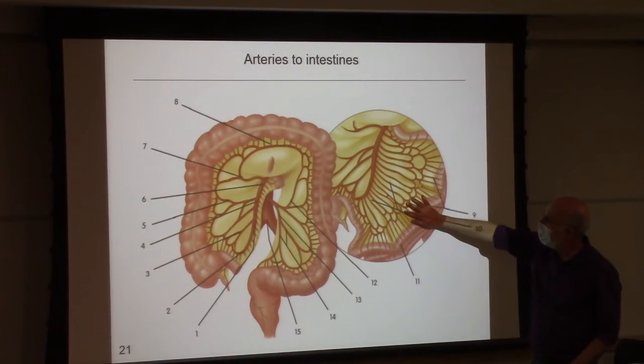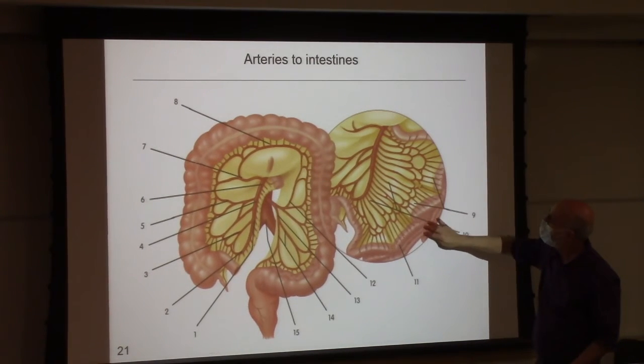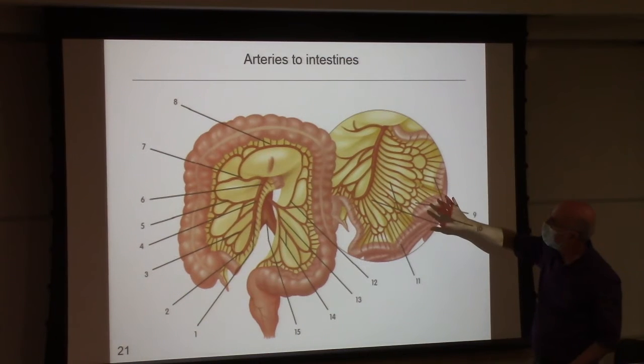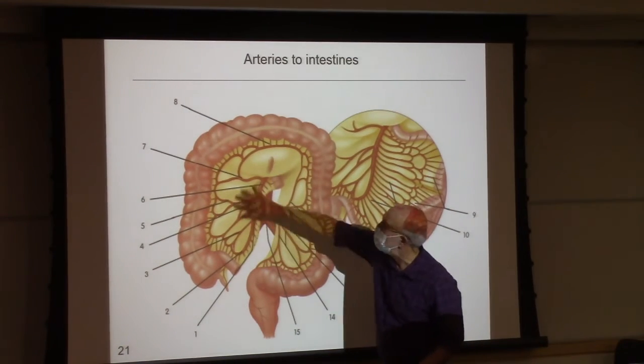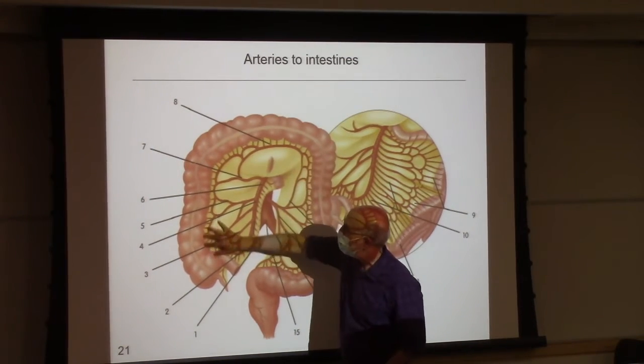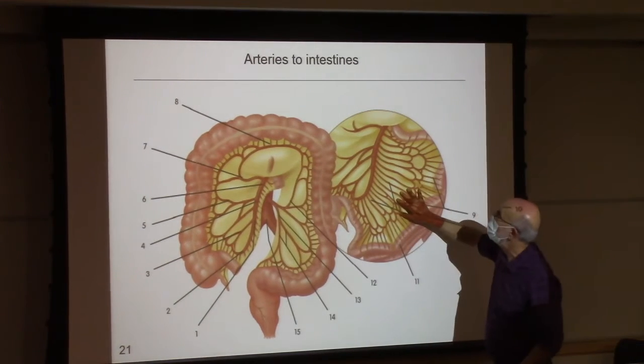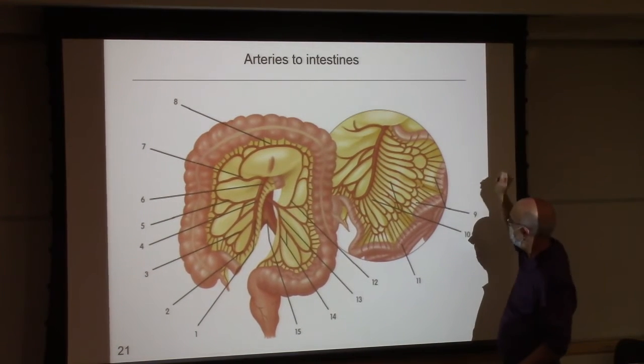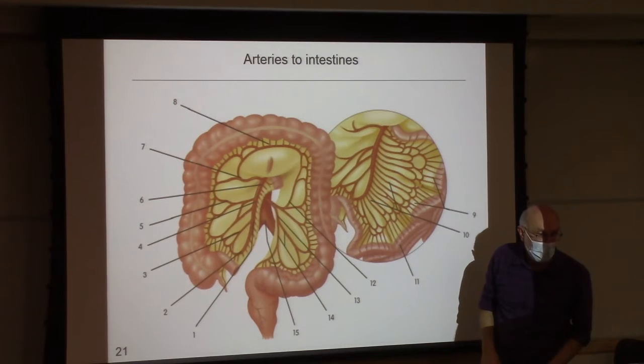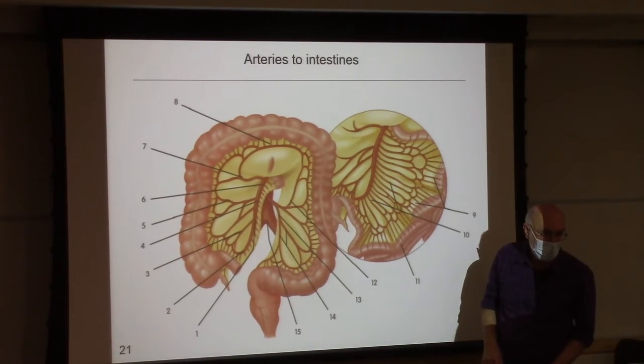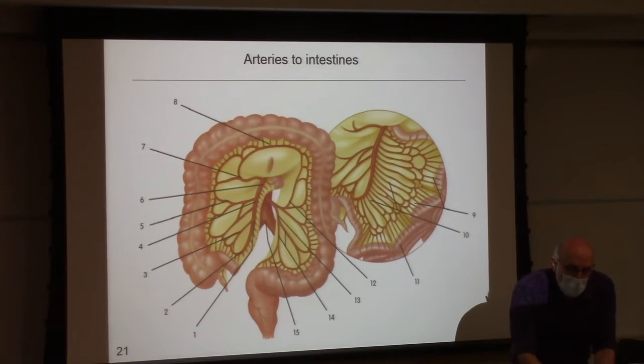And these arteries here serve the small intestine. So here's the mesentery of the large intestine. Here is the mesentery of the small intestine.